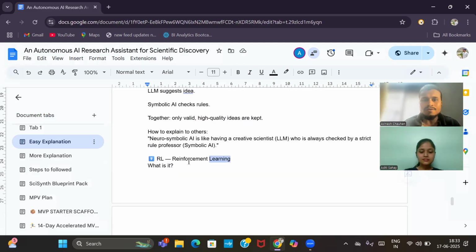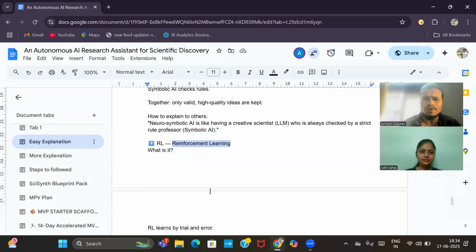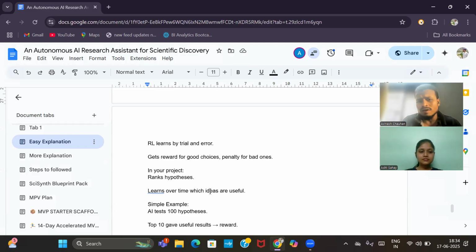And what do you mean by reinforcement learning? Reinforcement learning means it learns by trial and error.